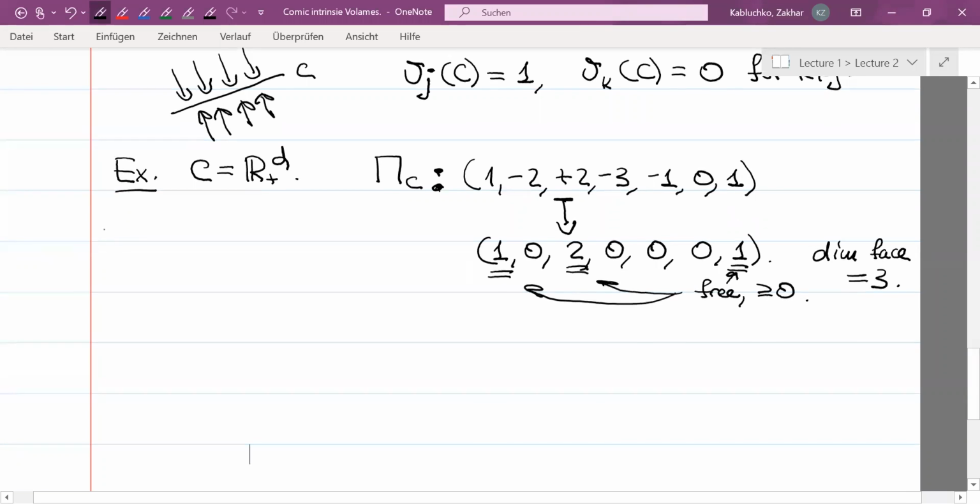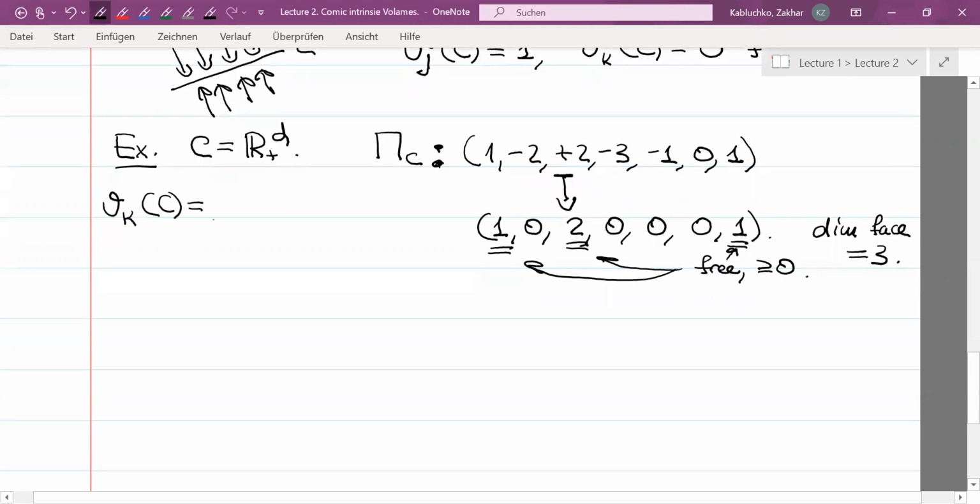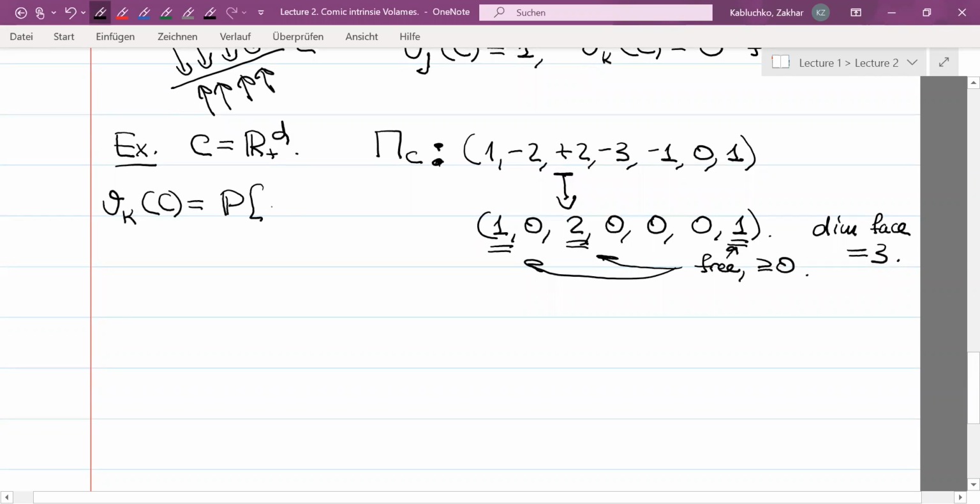And more generally, the probability that a point is projected to a face of dimension k is the same as the probability that k coordinates are greater than 0. But if we take a Gaussian vector, then all coordinates are independent and each coordinate is greater than 0 with probability 1/2. So it is a binomial distribution. And we have at the end 1 over 2 to the power d times d choose k.